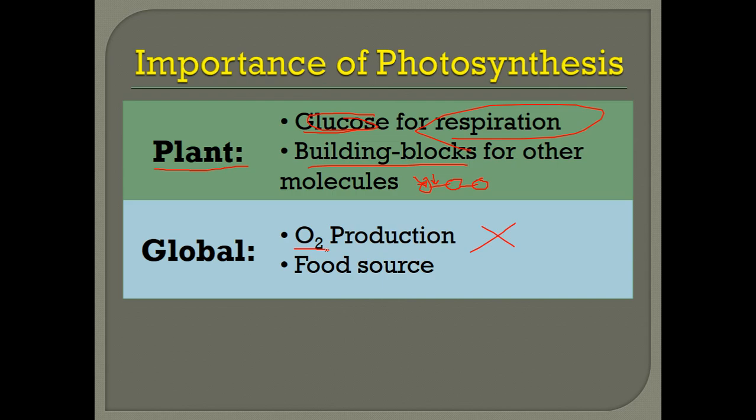There was actually a mass extinction caused when photosynthetic bacteria first started coming around, because they produced oxygen, and oxygen killed off a lot of other stuff. But now, obviously, we use oxygen, and so do a lot of other living things. And of course, glucose is important as a food source, not just glucose, but the starch and the other tissues and proteins that glucose building block gets turned into.